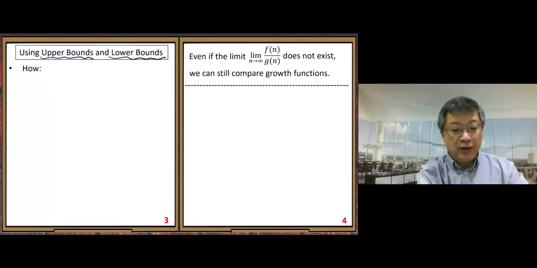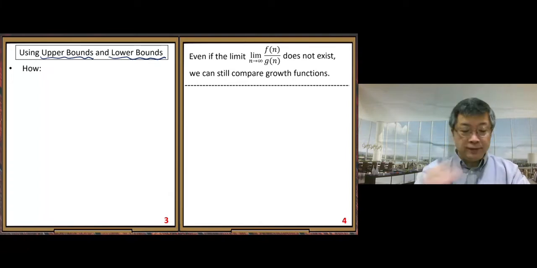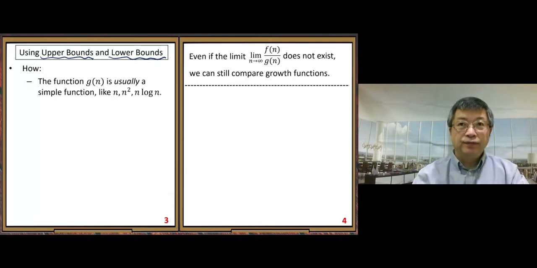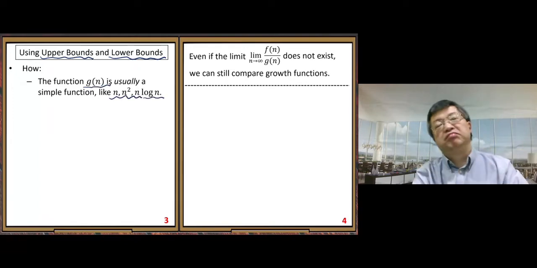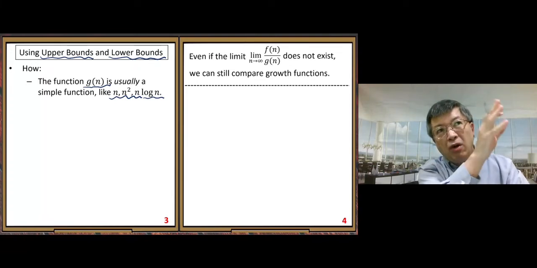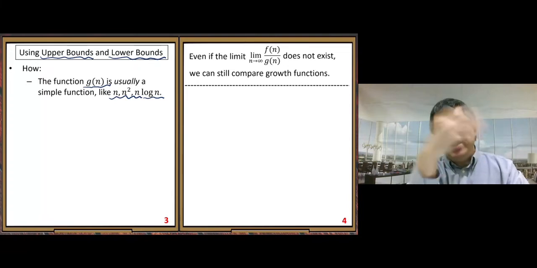All right, let's look at the detail. Usually, when we consider the g function, we like to use relatively simple functions, because in that way we can get an idea of more complex functions better.